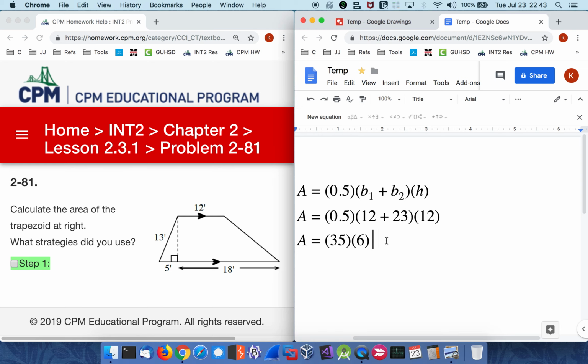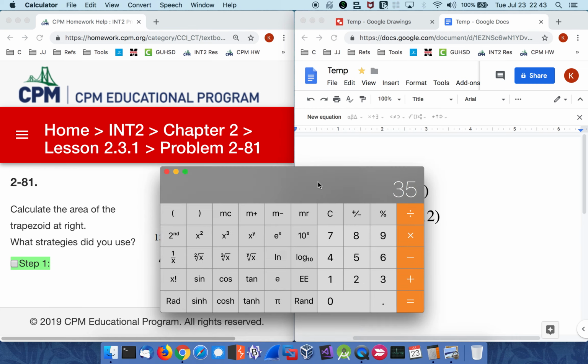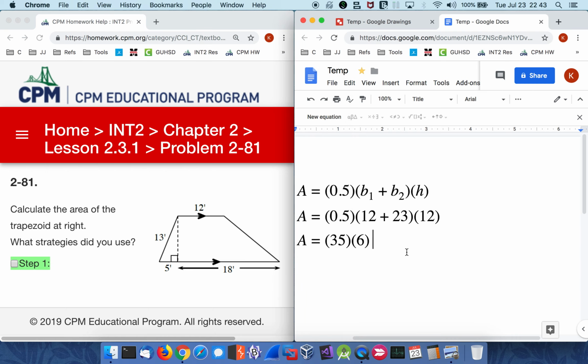So it's going to be 70 plus 70 plus 70. It's 140 plus 70, so 210. Is that right? Let's see. So 35 times 6 equals 210. Nice. Boom, 210. Equals 210. Okay, so that's the area.